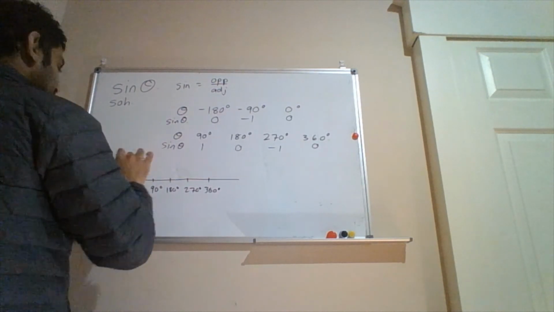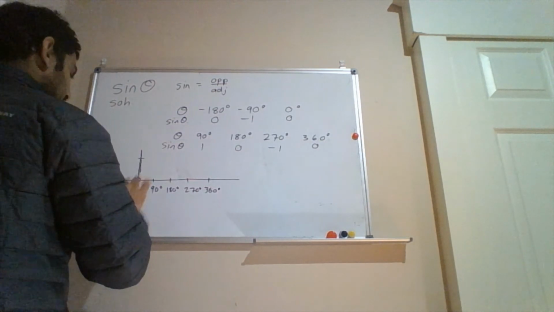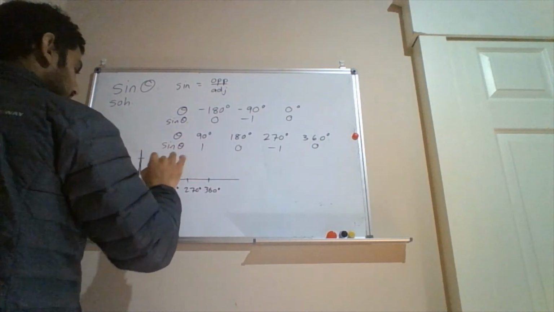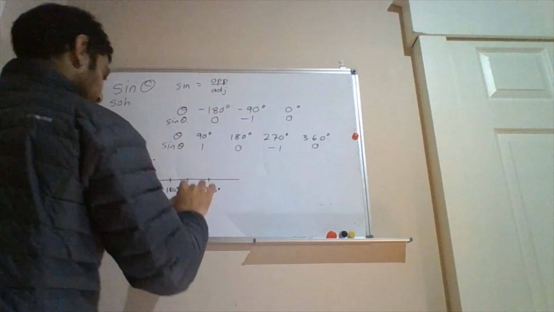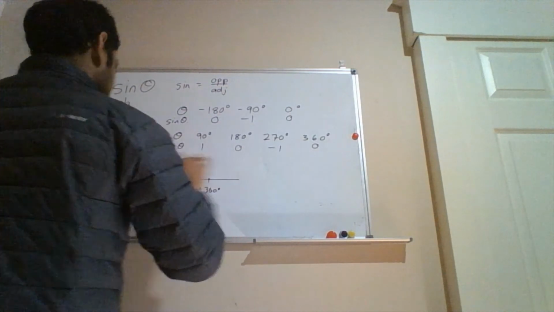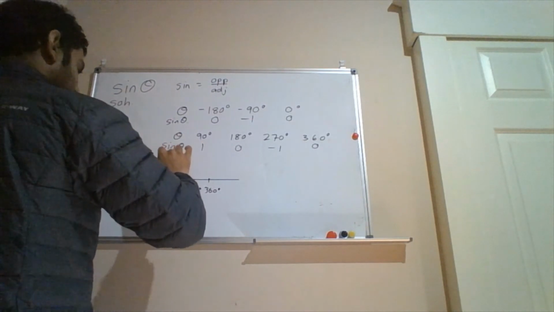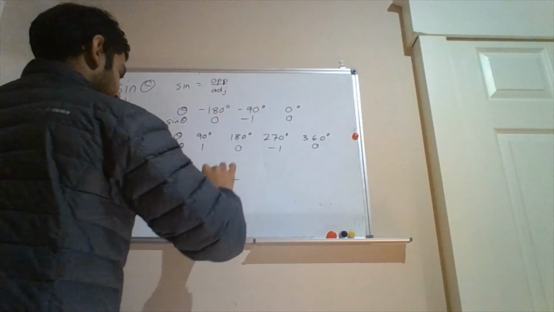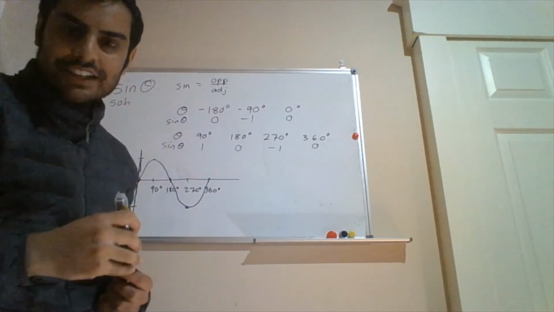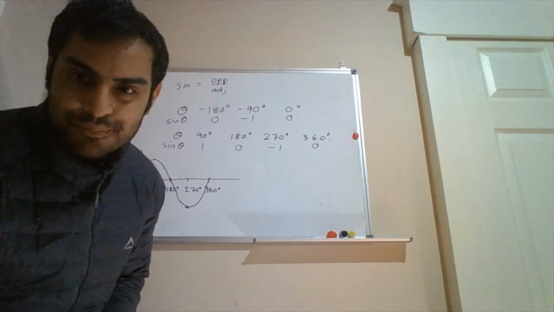So sine of negative 180 is 0, negative 90 is negative 1, 0, 1, 180, 270, 0. And now we can just join the dots with a curve like this. And it gives us our standard sine shape.